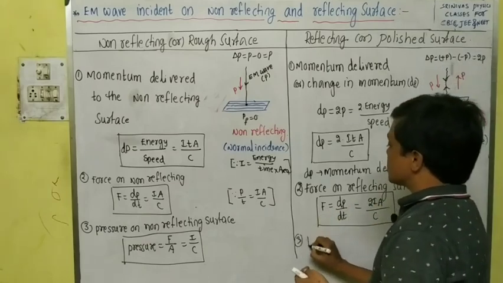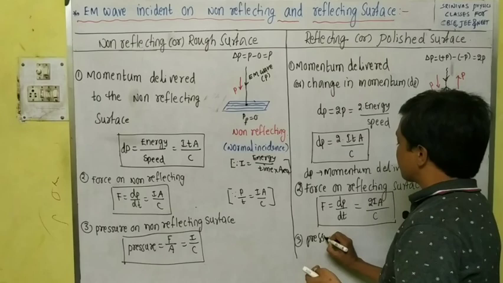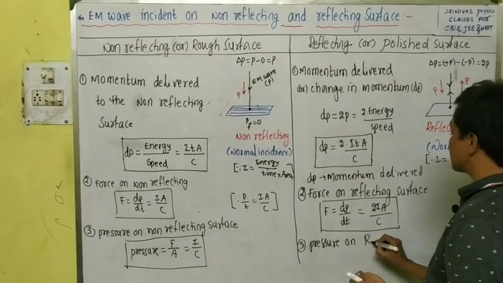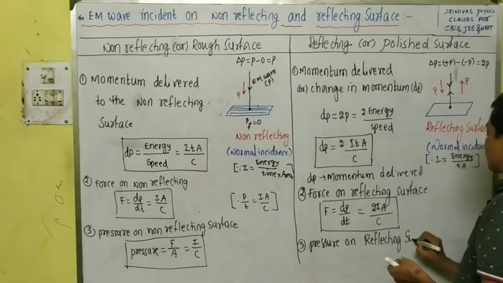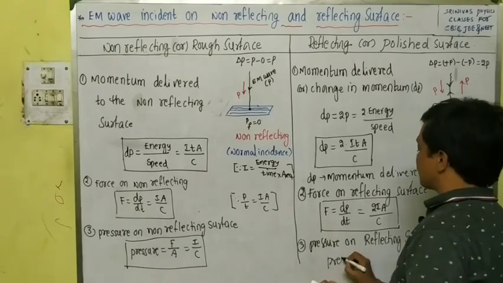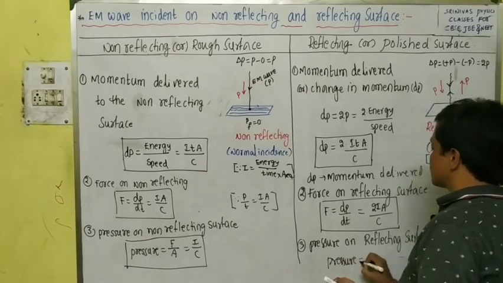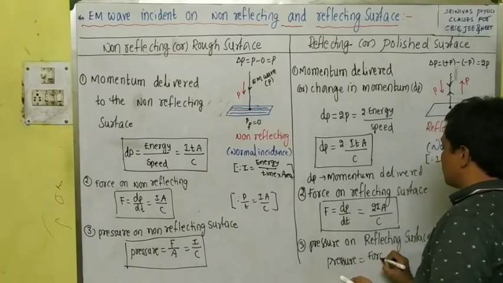The third equation is the pressure on the reflecting surface. When an EM wave is incident on the reflecting surface, how much pressure can it apply? The pressure formula we know is force by area.